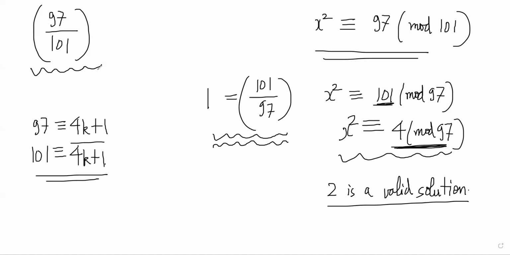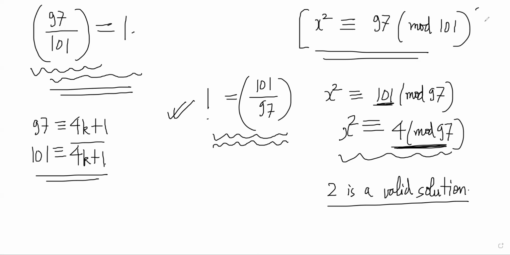They will both be residues or both be non-residues. We already know this is a residue, so this must also be +1. So we have verified that the Legendre symbol 97 over 101 must be equal to +1, right?